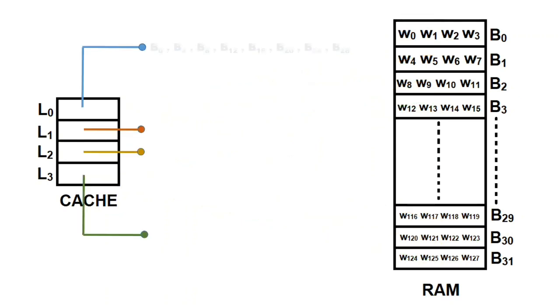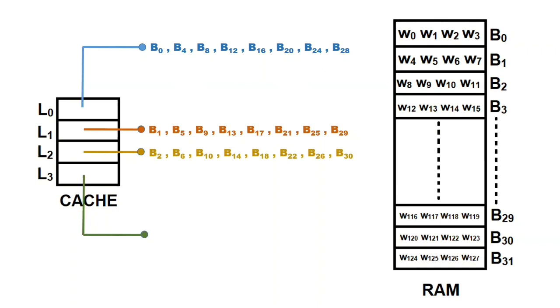Now see, in L0 there are these 8 blocks for which the result becomes the same, and they will come inside L0. Actually any one of them will come inside L0, and these 8 blocks, they will come inside L1, any one of them actually.